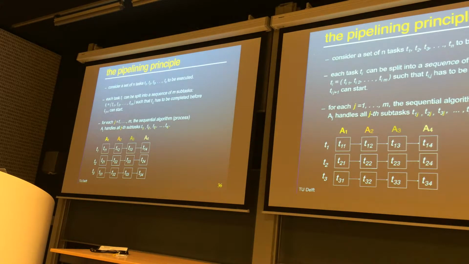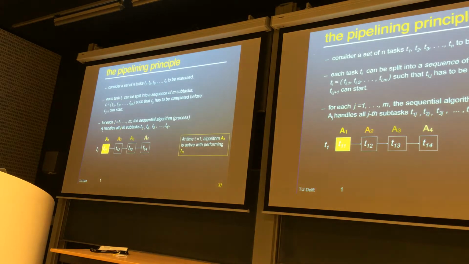But we can do it, of course, in a much smarter way. What we do is, at time t equals 1, we assign algorithm A1 to the first subtask of the first task. Yeah? And as soon as A1 is ready, we perceive that A2 can start. We don't have to wait until all the tasks have been performed.